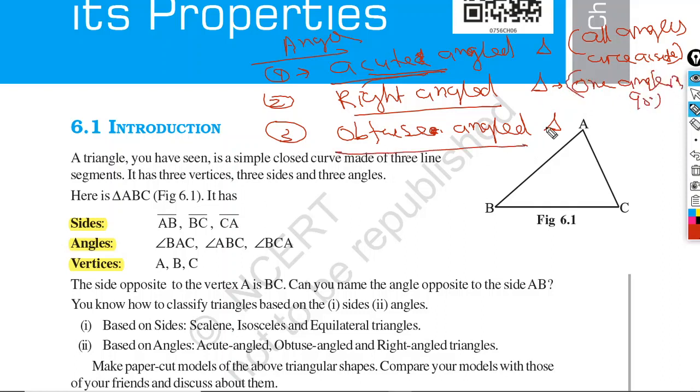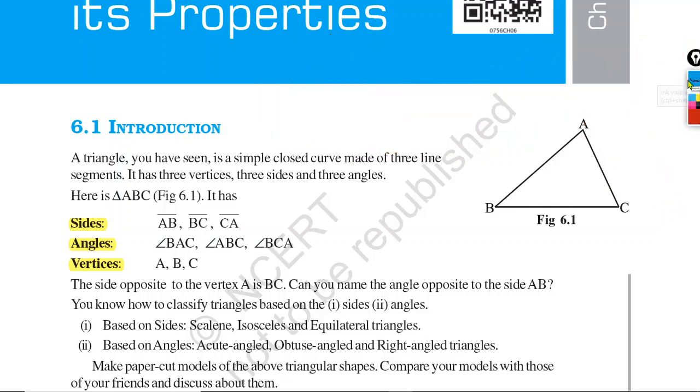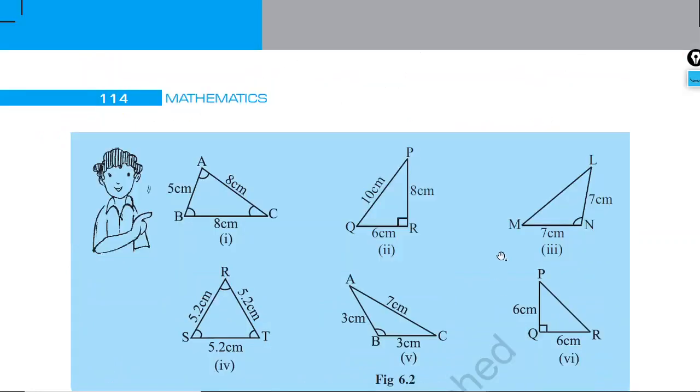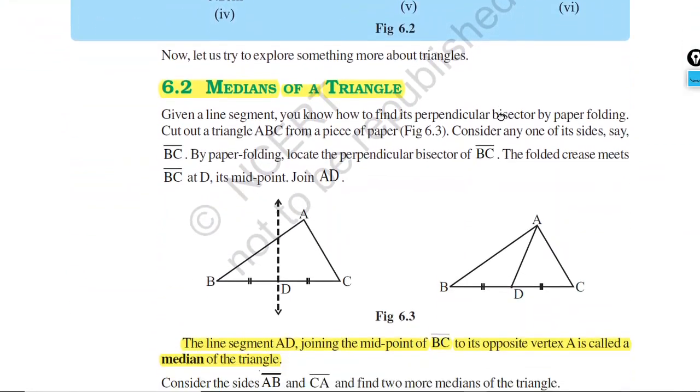Then what is an obtuse angle triangle? One angle is an obtuse angle. Okay, so these are the types of triangle that you studied in class 6 also. Now we will move to some other parts of a triangle.